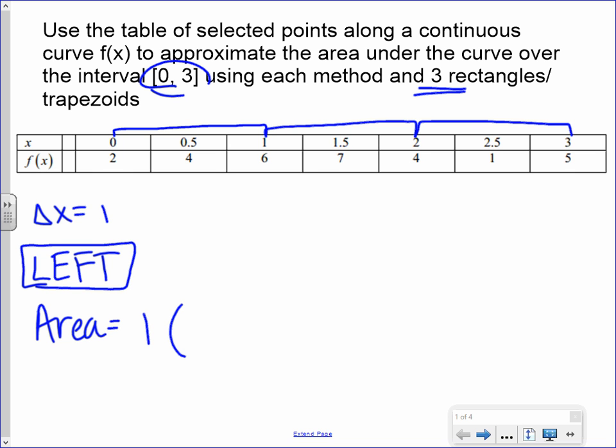The height of our first rectangle would be 2, because on the left of this rectangle, our height is 2. Plus, our second rectangle would stretch from 1 to 2. Its height would be 6. And then our third rectangle stretches from 2 to 3. Its height would be 4.